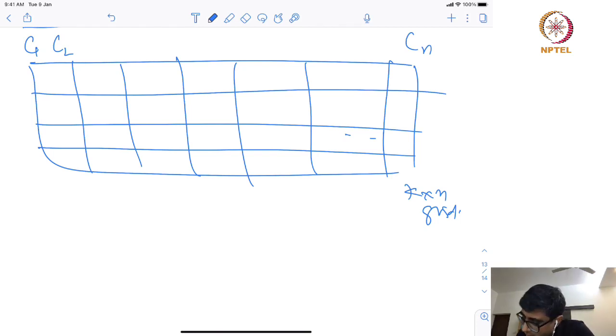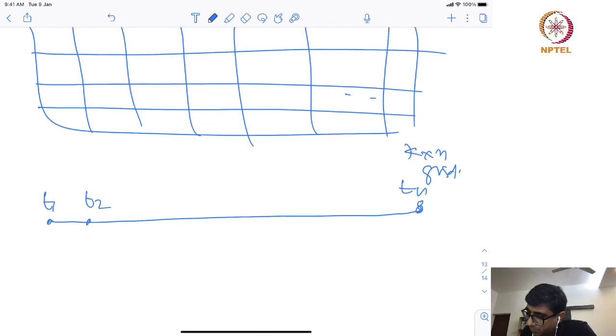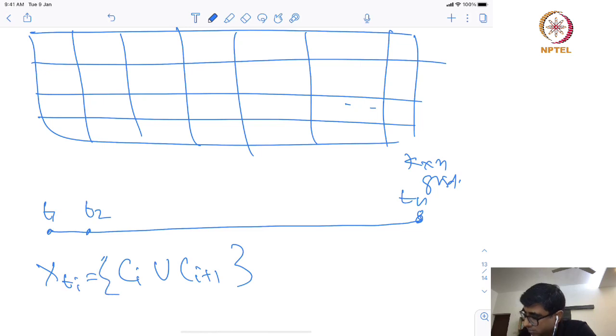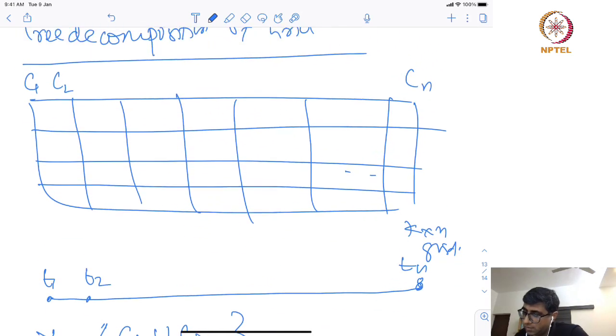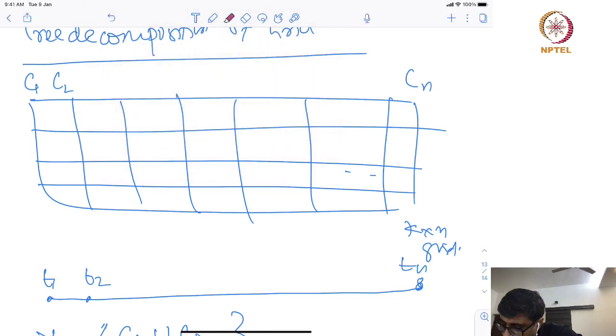So, what is my path? It basically consists of a path on n vertices, T1, T2, Tn. And X_Ti is going to be column i union column i plus 1. So, T1 is going to consist of this set and this set.